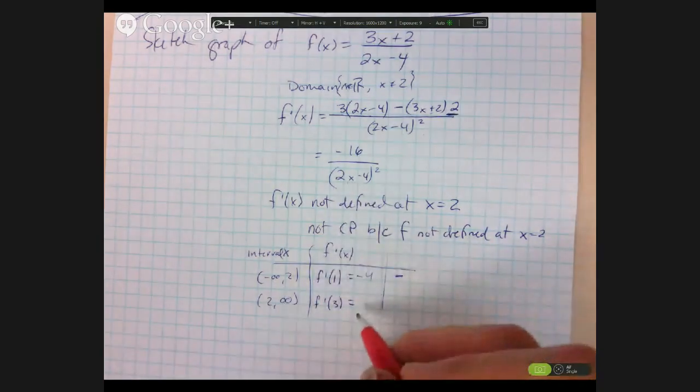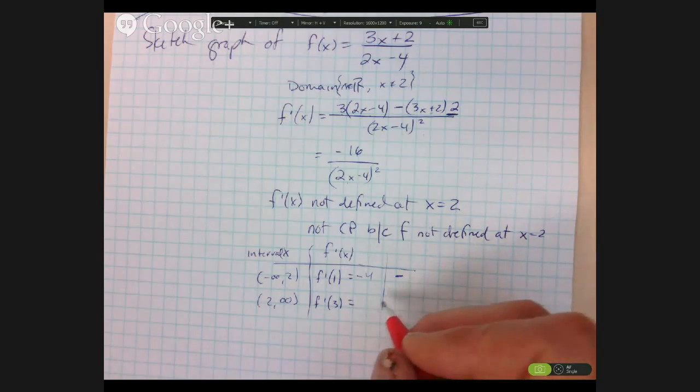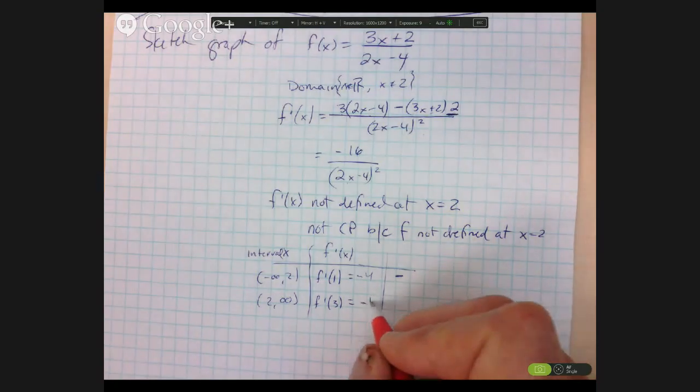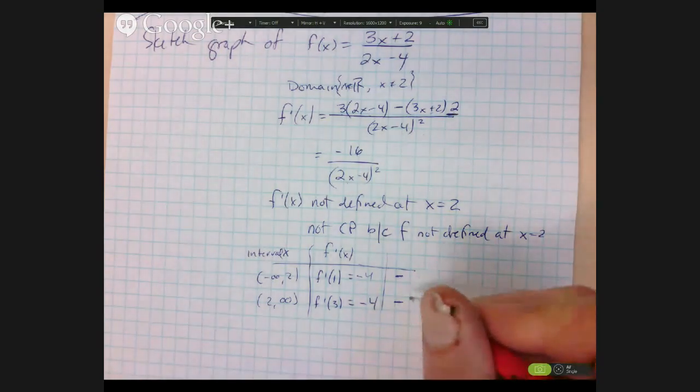And what do you get if you plug 3 in? This would be negative 4 again, right? Okay. What does this tell us?